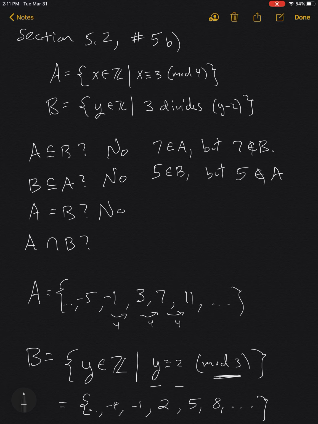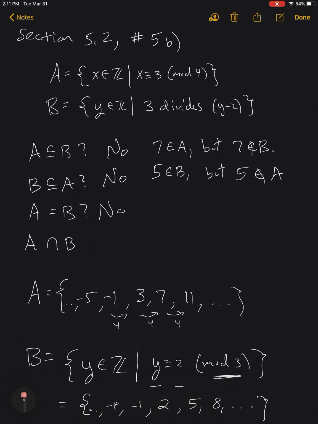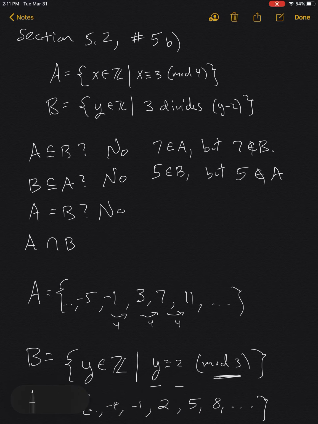Actually, I wrote this last one here wrong. The question was specifically, is the intersection equal to the empty set? And again, we'll get an answer of no here. Our list, I guess we can see the number is -1, but if we want to pick something positive, if I had gone one more term in set B after the number 8 down here, the next number would have been 11.